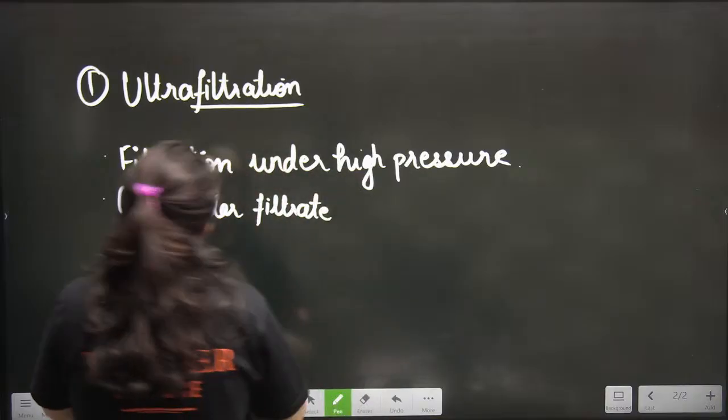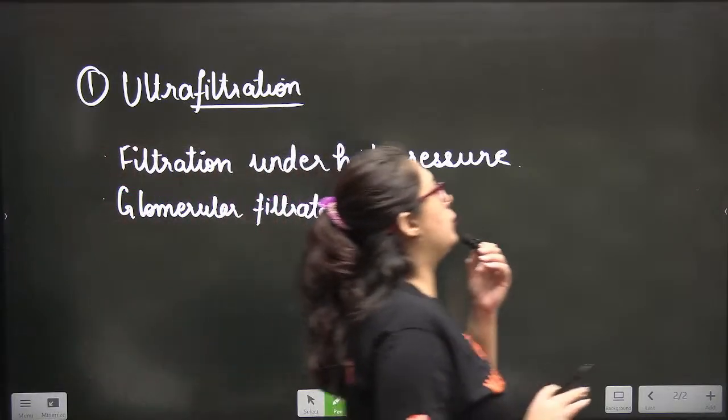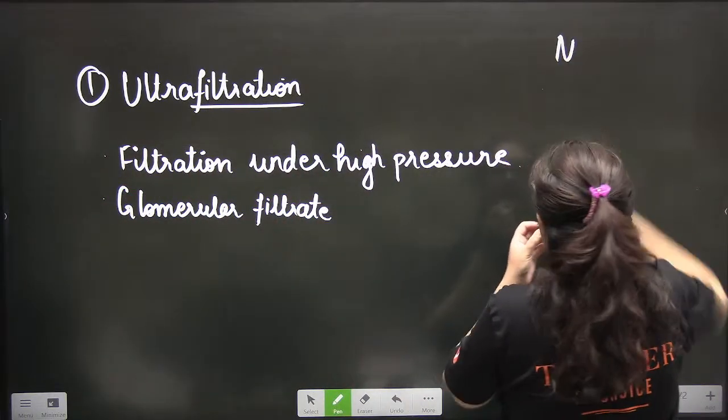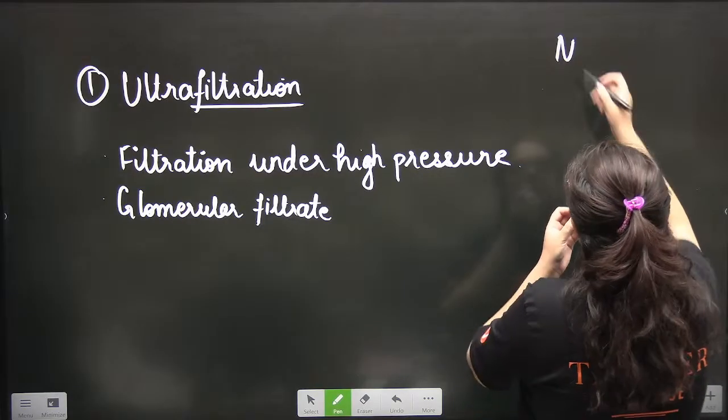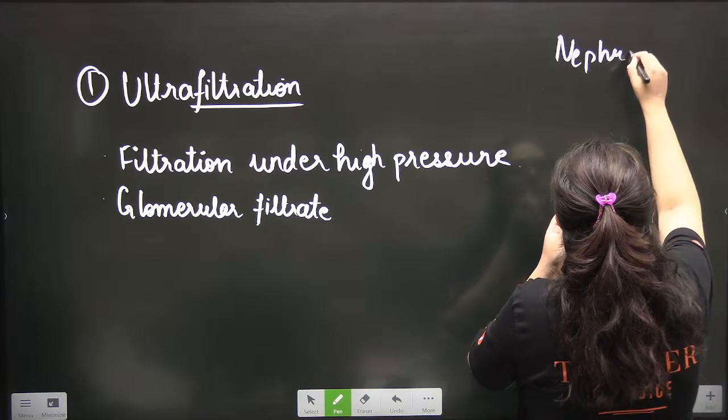Okay. Glomerular filtrate. Now, this filtration occurs through the nephrons. Kidney is useless without nephron.